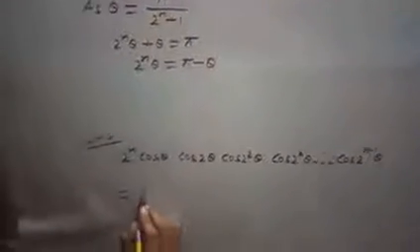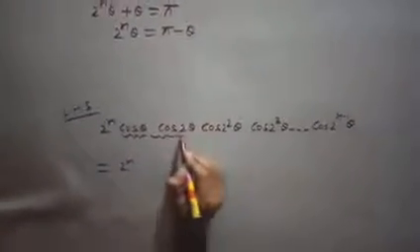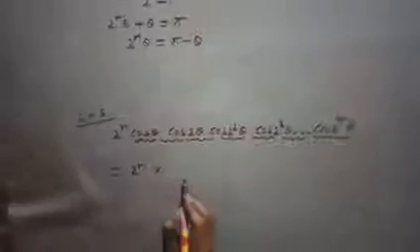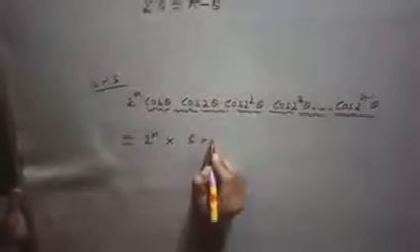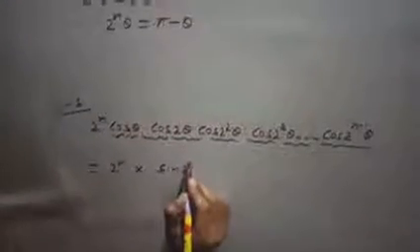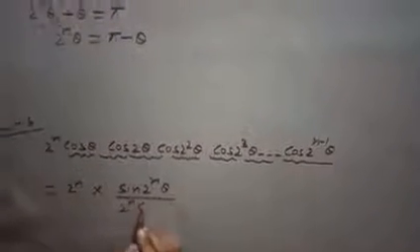Now if we see the left hand side, here is 2 to the power n, and this whole section is the expression of sine 2 to the power n theta upon 2 to the power n sin theta.